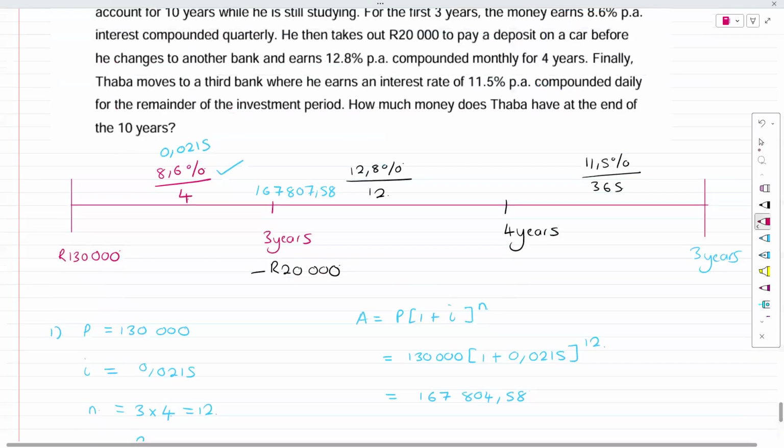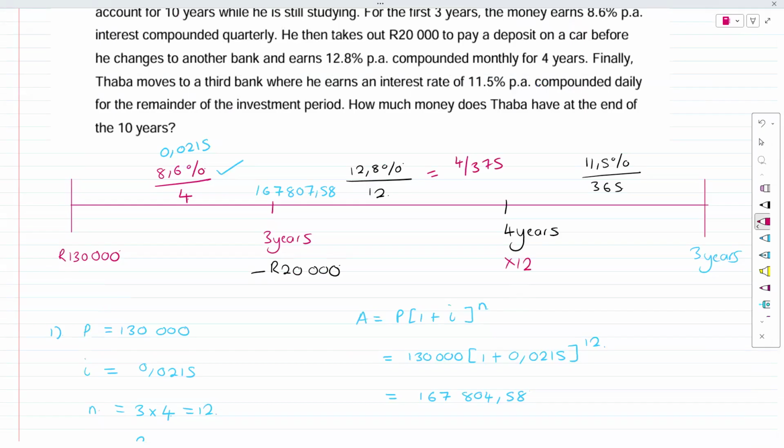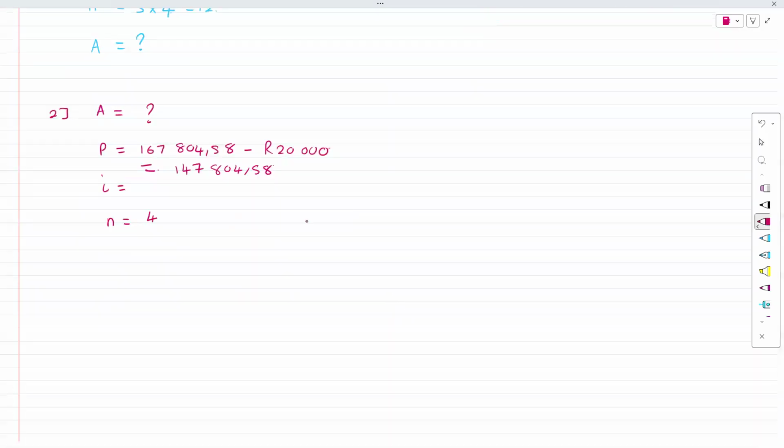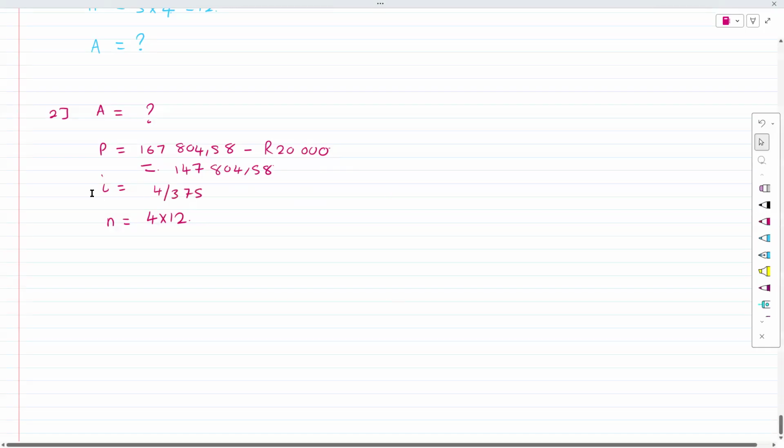And now 12.8% divided by 12. I think it's more realistic to put it as 4 over 375. And don't forget this is times 12. So this is 4 years times 12, and this is 4 over 375. Okay, I do apologize.